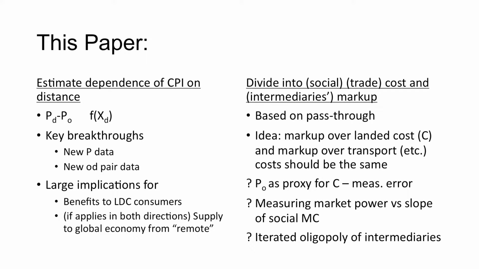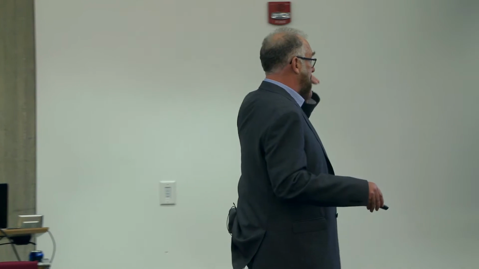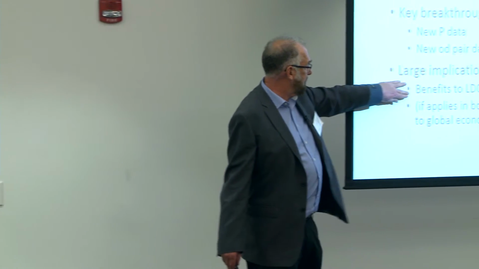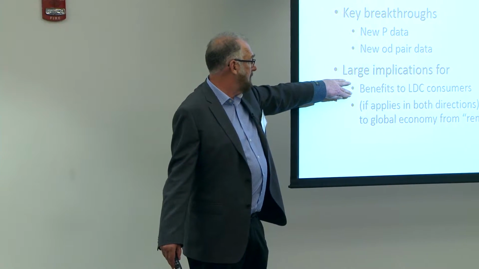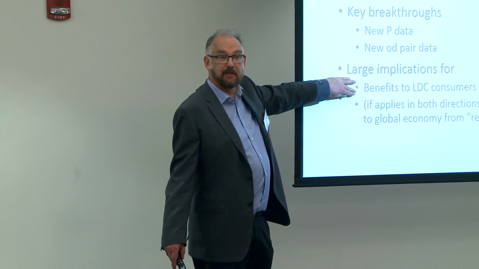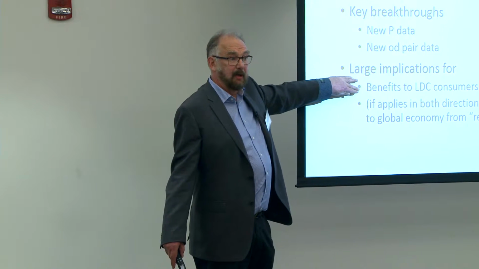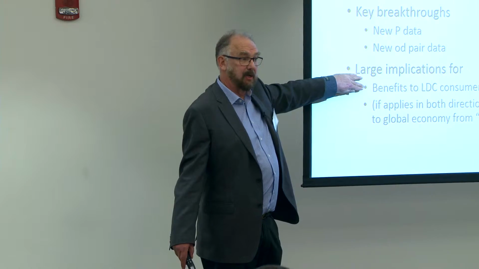And whether you think these price wedges come from social costs, the tau, or from something else that these remote consumers can't escape, the mu, they're a problem for the remote consumer. So that has, as David pointed out, large implications for the benefits to the comparatively remote LDC consumers.